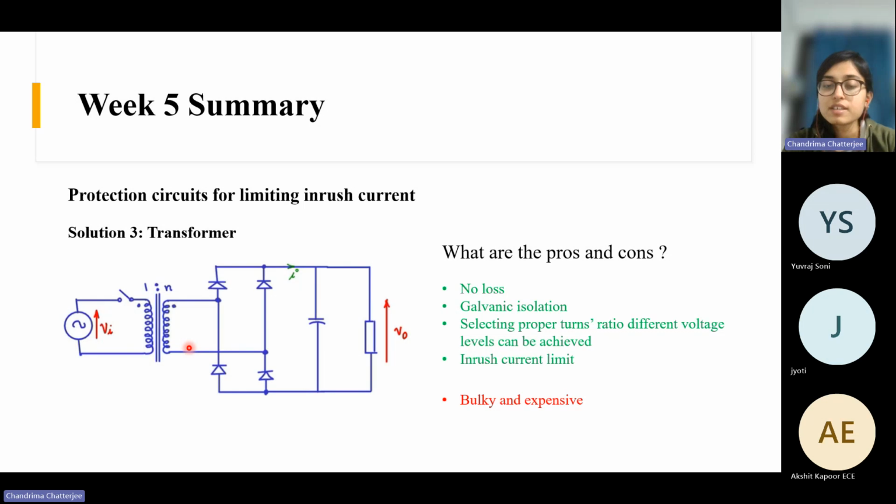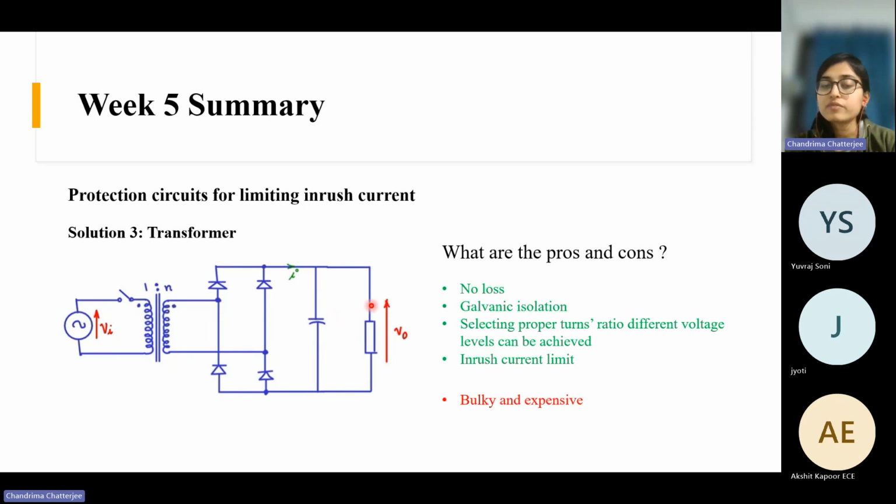Another advantage is galvanic isolation. What is galvanic isolation? Whenever you are using a transformer, the primary and secondary are physically isolated. So this point and this point are physically isolated. If there is some surge or some kind of fault here, that will not be reflected here, so your components are safe.